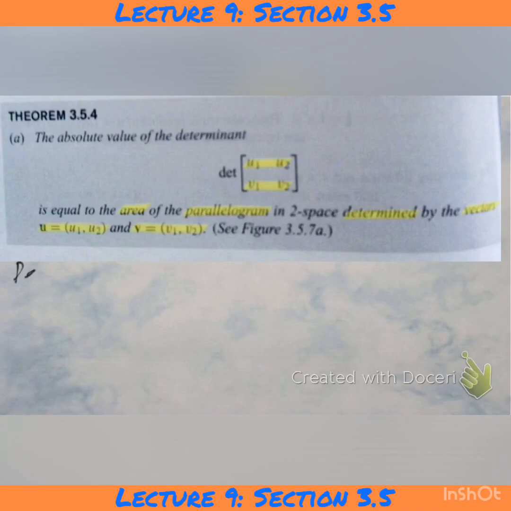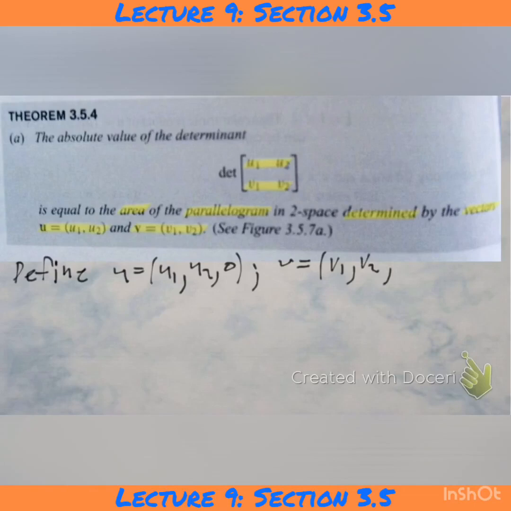You can define u as the vector with x component u1, y component u2, and you drop the z component to 0, and you can define v as the vector in 3-space with coordinates v1, v2, and 0.